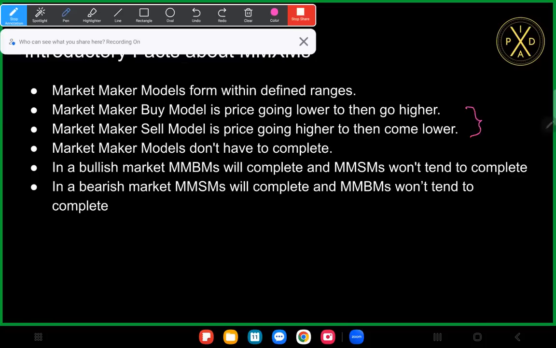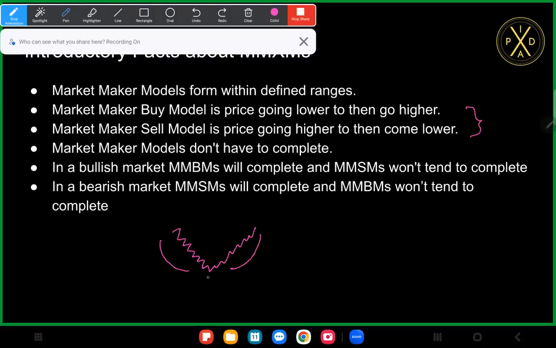So let's look at these 2 points right here. So initially, I say that the market maker buy model is price going lower to then go higher. So price is coming lower, and then something happens that causes price to then change over and go higher. So price is offering sell side delivery here, and then it's offering buy side delivery here.